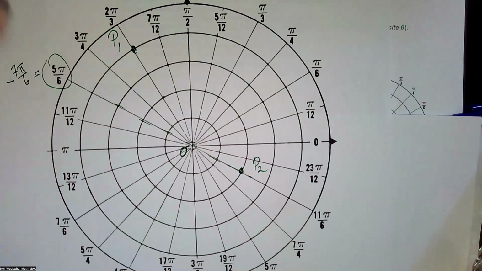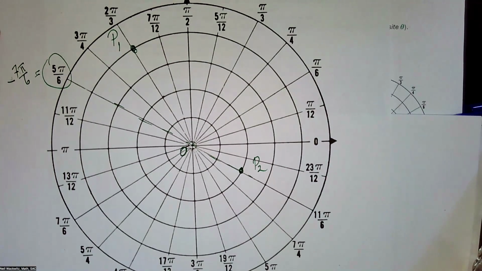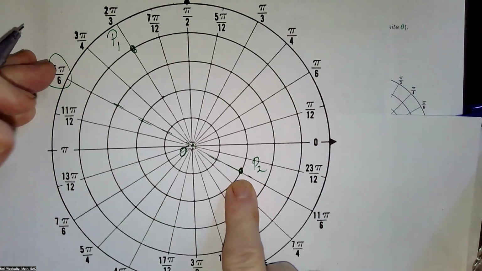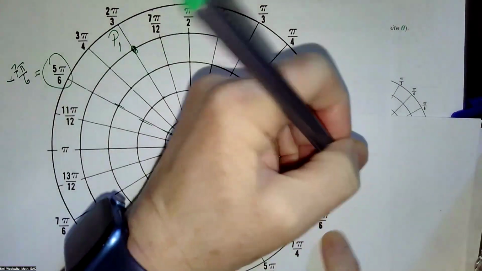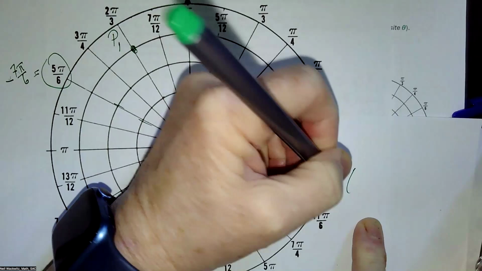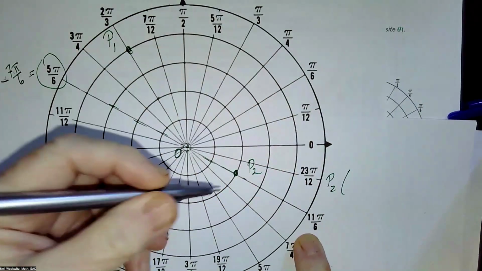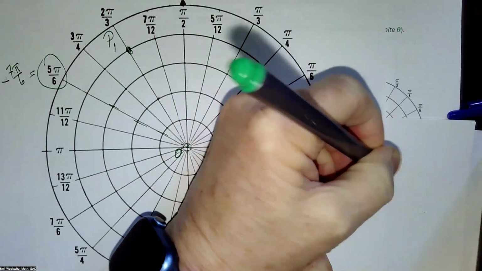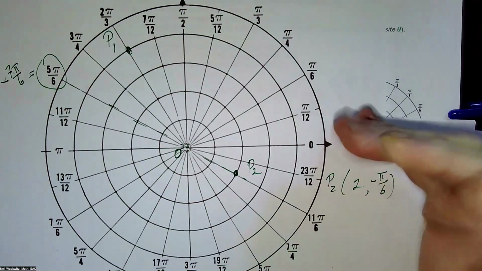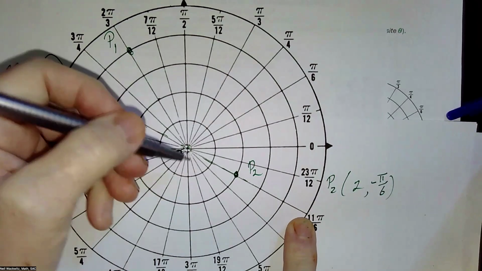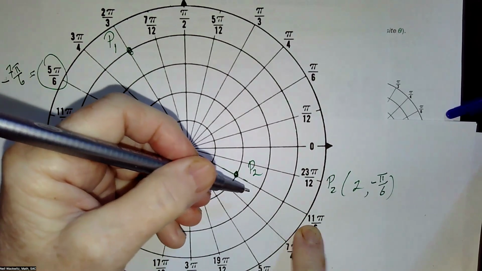Notice that points on a polar grid have many different interpretations. Like we could call P2 2, -pi/6, because we could go -pi/6 and 2 units toward it.